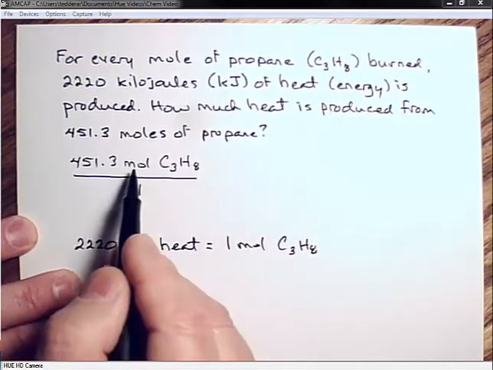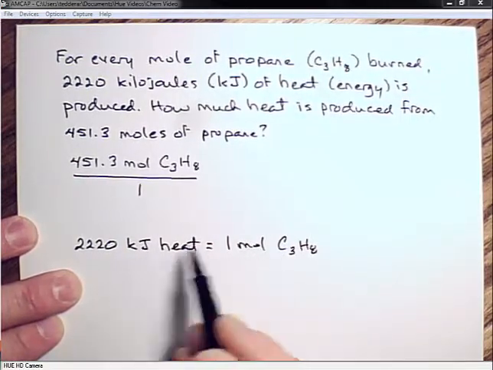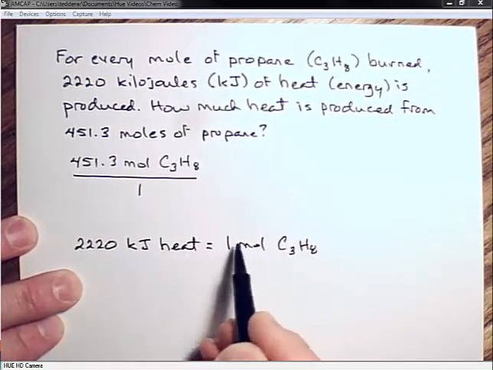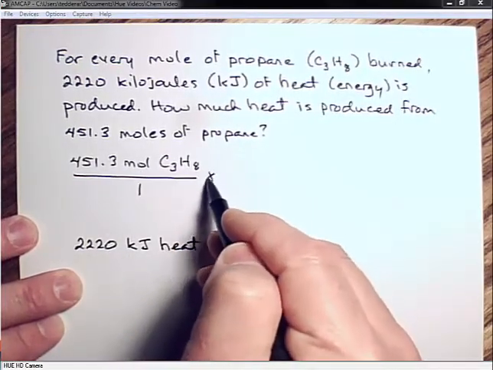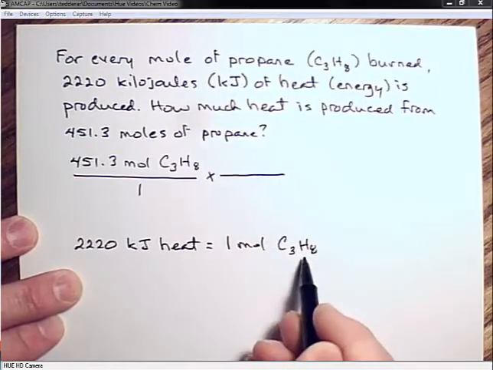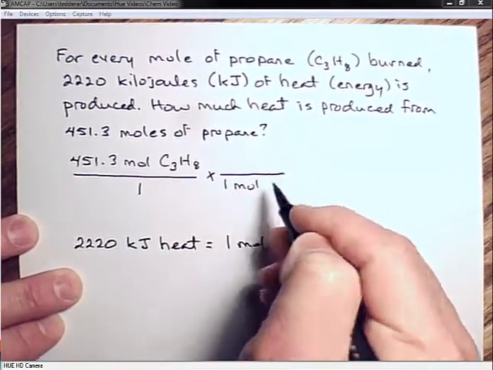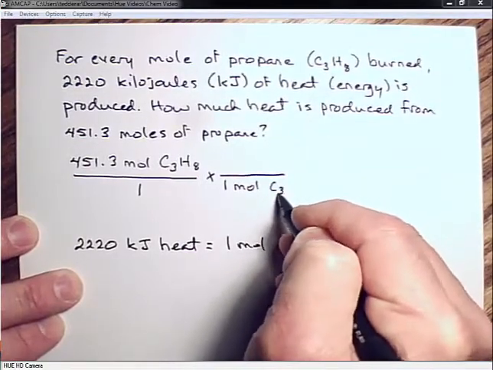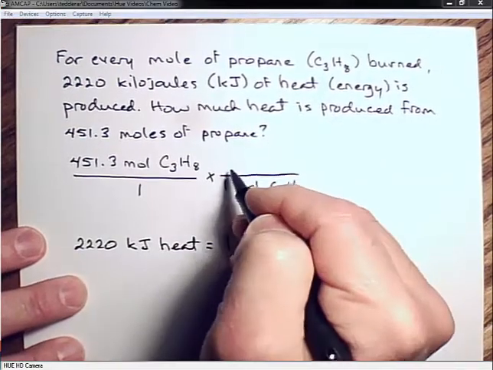I just need to find out if the starting units and species match one side or the other of this equality statement. And indeed, this right side matches the same units and species. So that part of the equality statement needs to go on the top. 1 mole of propane goes on the bottom here. And the other side of the equality statement needs to go on the top.